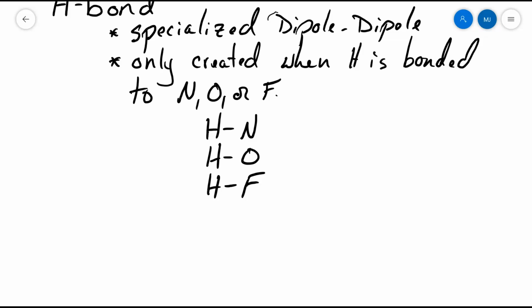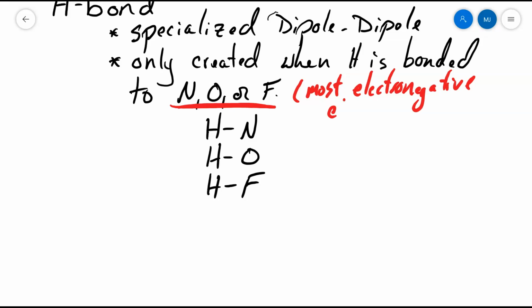So if you think about these three elements, these three are the most electronegative elements on the periodic table. Remember from a chapter or so ago, electronegativity is the ability to pull electrons towards itself in a covalent bond.